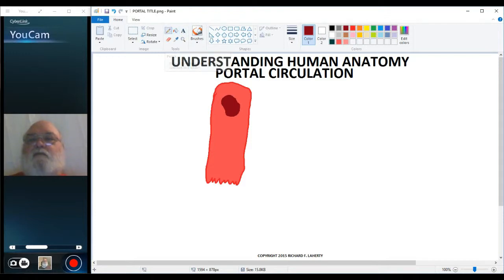Now, the next thing I want to do is sketch in outlines of the structures we're going to be talking about. And we're going to start over here with the stomach. And we'll put a little bit of esophagus in here. Then the fundus and the greater curvature of the stomach coming over like so.